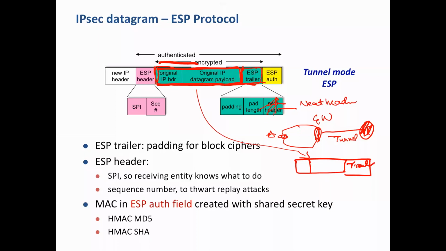So what happens is that we have created a new IP header here. This new IP header will say that the content inside corresponds to ESP. But the payload of the original IP packet may contain TCP or UDP, so this header will say that what is inside here is TCP or UDP.